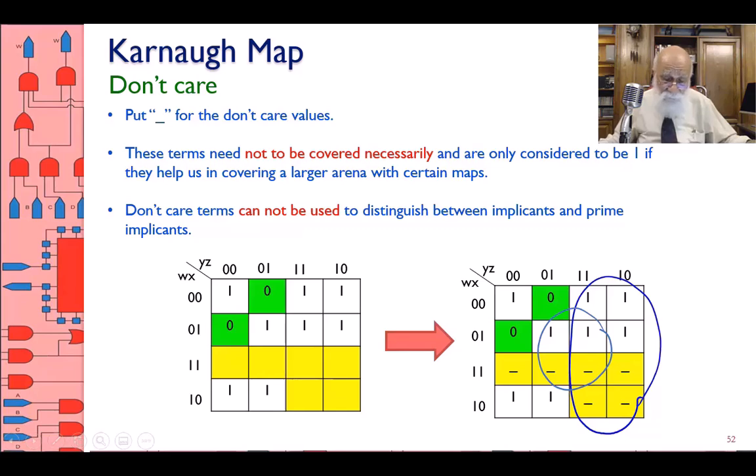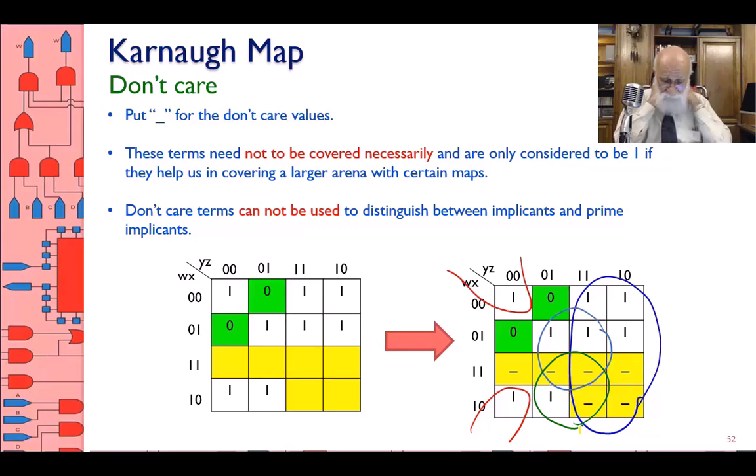That 1 on the upper left hand side can be mapped with this. I don't really need any don't cares there. I have one more 1 left, and that one more 1 is this. Okay, see what I did.